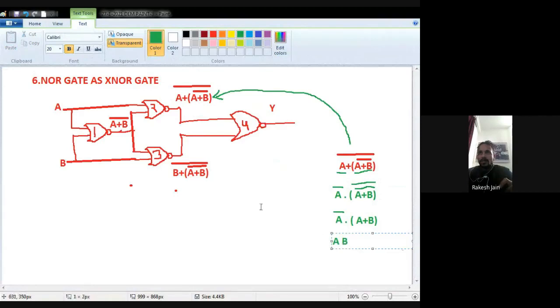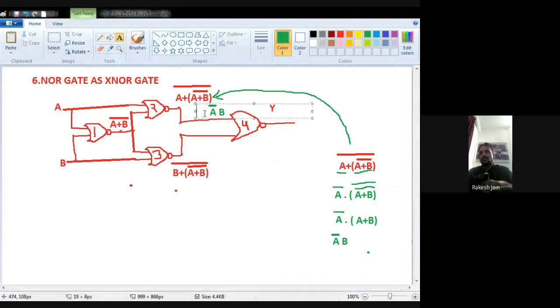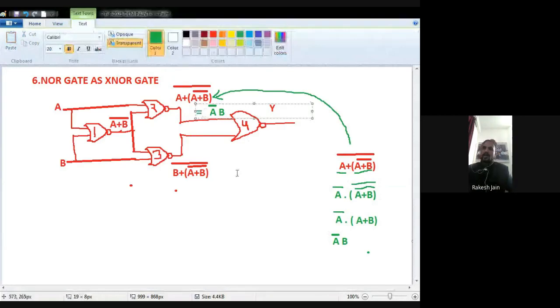A bar dot A, that will be 0. Then A bar B, so A bar B only we will have.